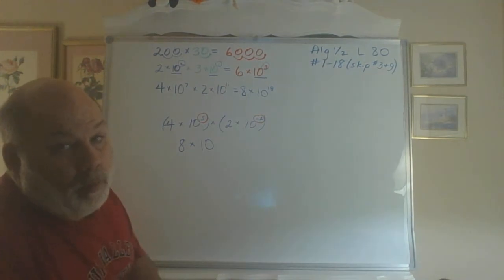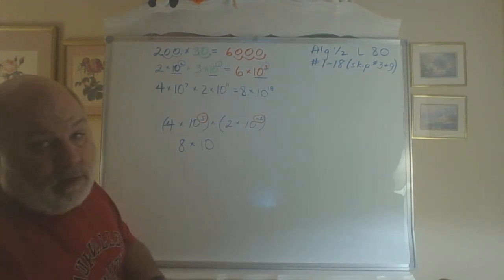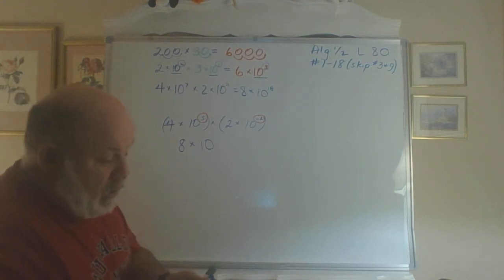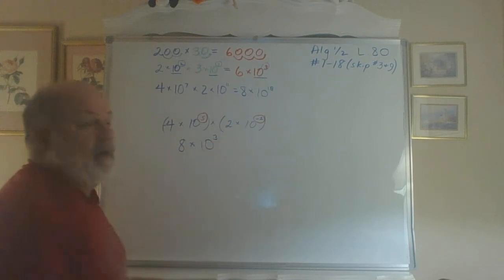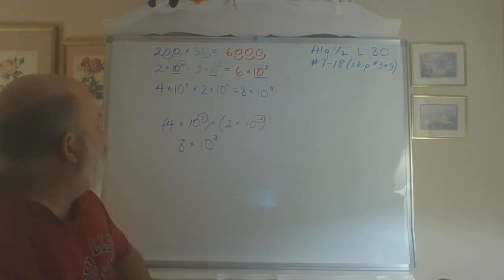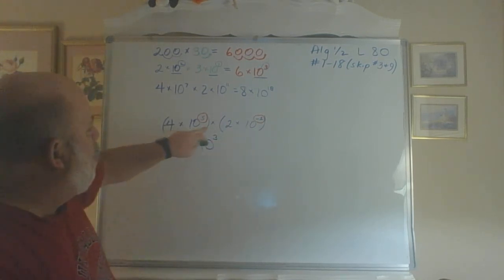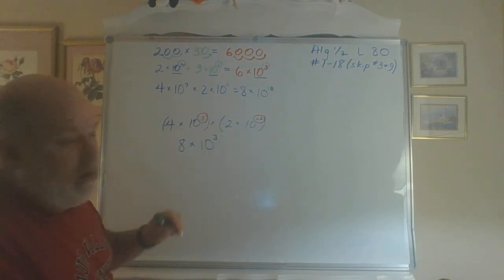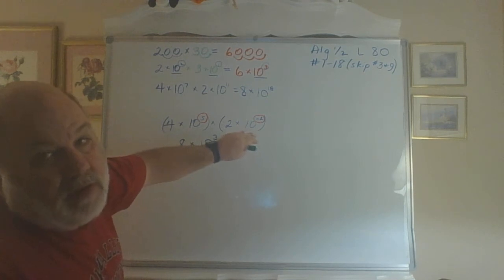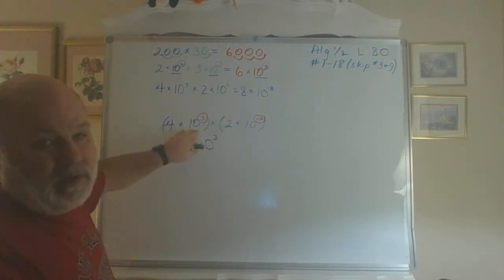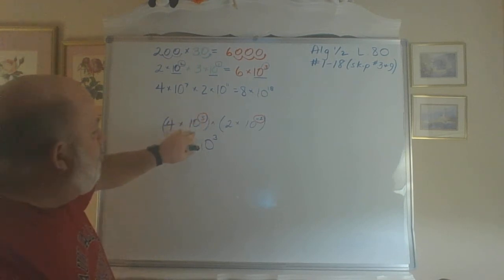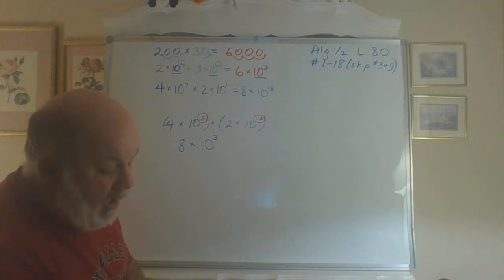Well, all we do is 5 minus 2. 5 minus 2 is 3. That is all there is to that problem. Do not try to combine the 4 with this 10, or the 2 with that 10, or go 10 times 10 is 100. When you have what are called bases with powers, the bases do not get combined, their powers get combined by adding.